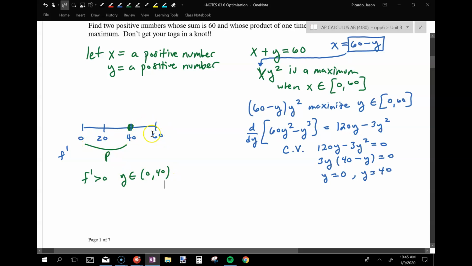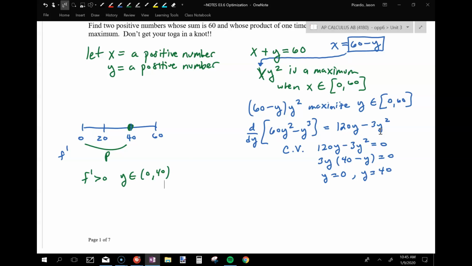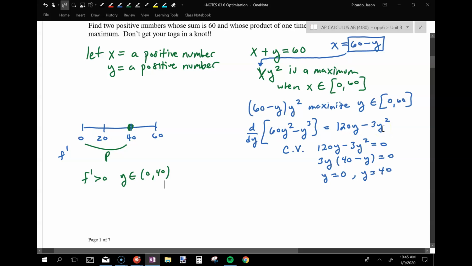Okay, what's happening at 50? That's going to be 600 minus, what is that, 16? It's definitely negative, right? So this is definitely a negative interval. So f prime is less than 0 and y is an element of 40 to 60.